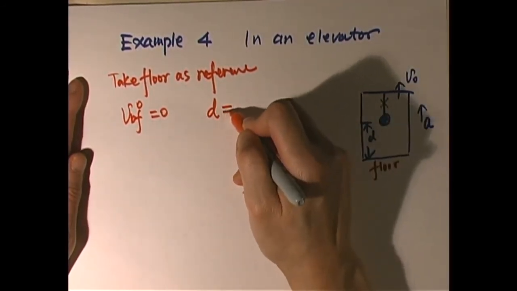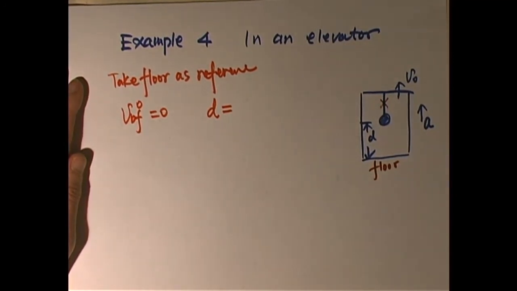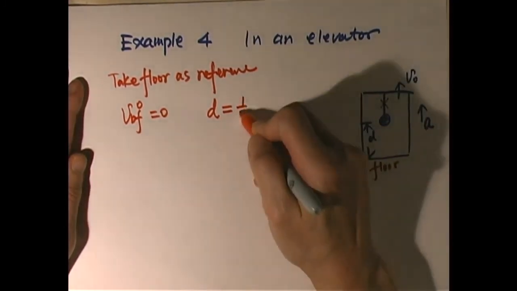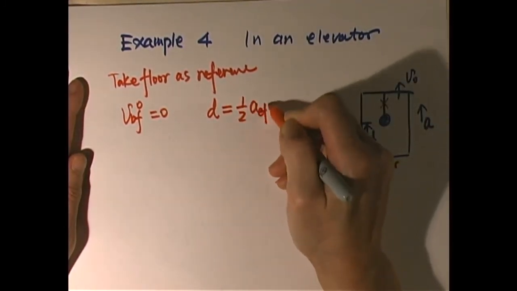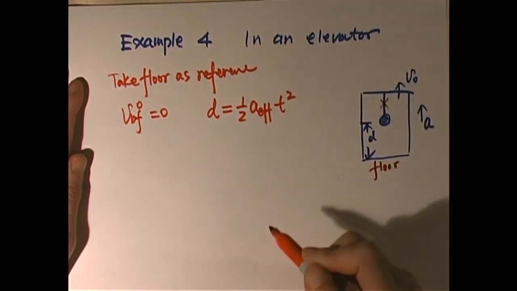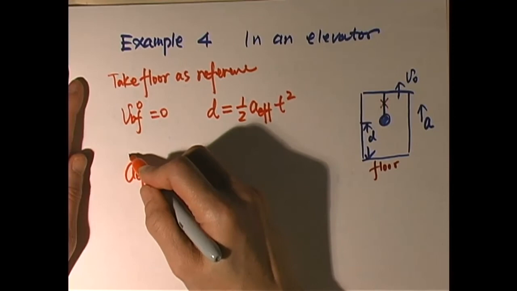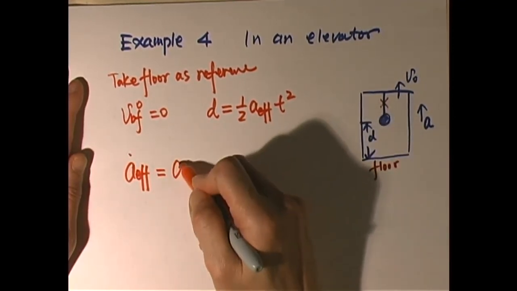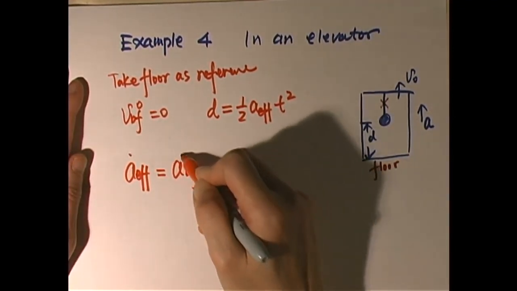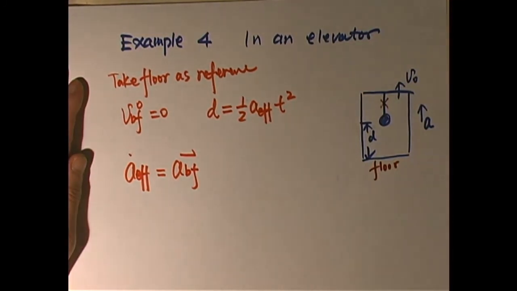And the distance is going to be covered by constant accelerated motion of 1/2 A effective t squared. This A effective is the acceleration of the ball with respect to the floor, because that distance is of the ball with respect to the floor.